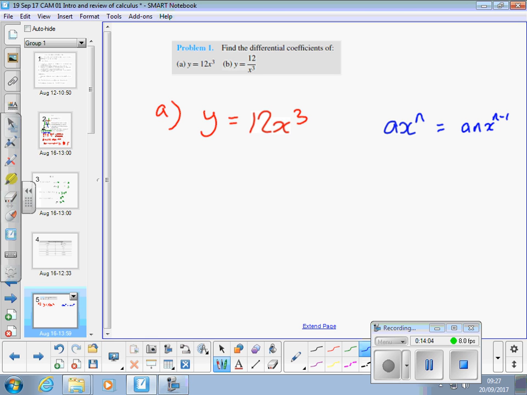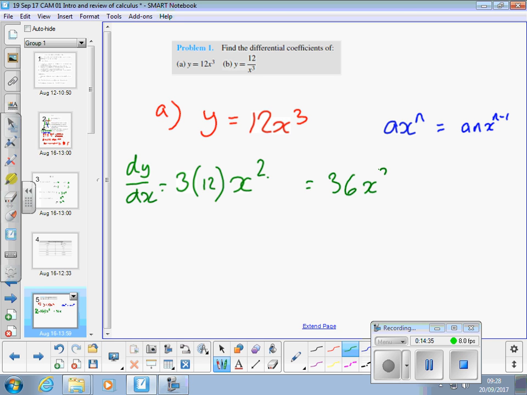So the process is we multiply by the index, so we do 3 times 12, put the x in, and take 1 off the index. And this is dy by dx equal to 36x squared.